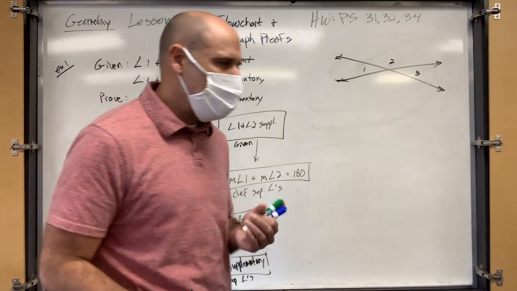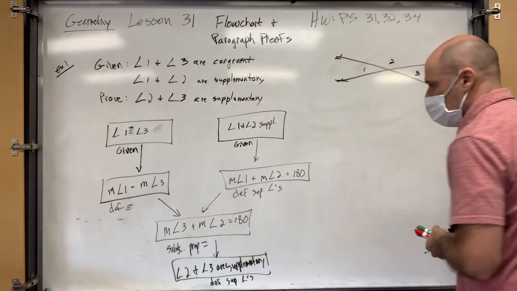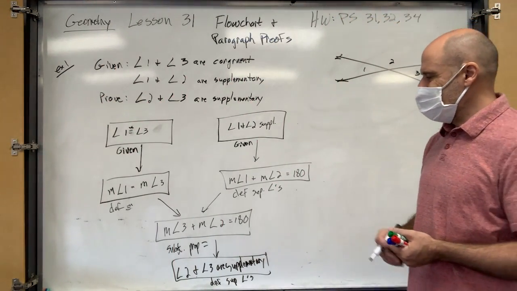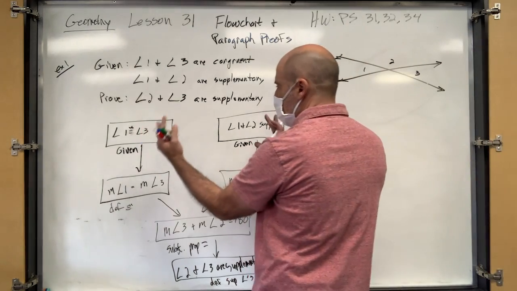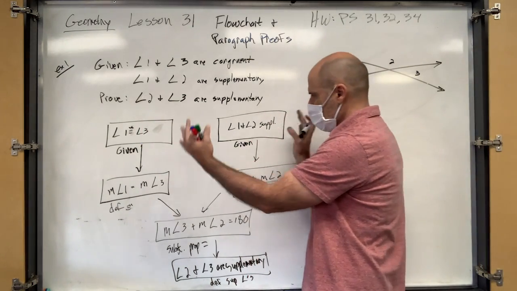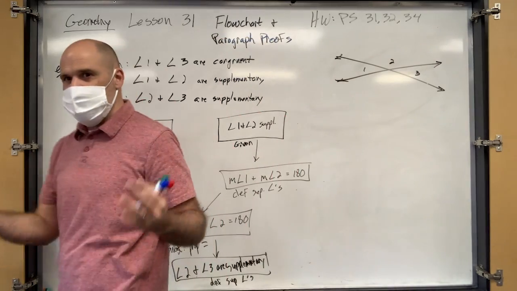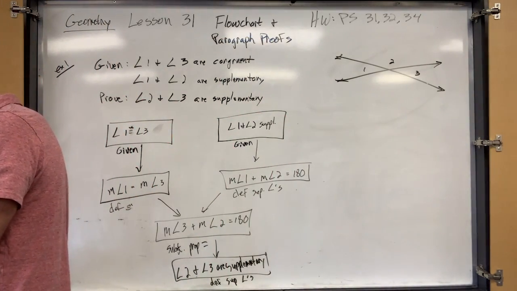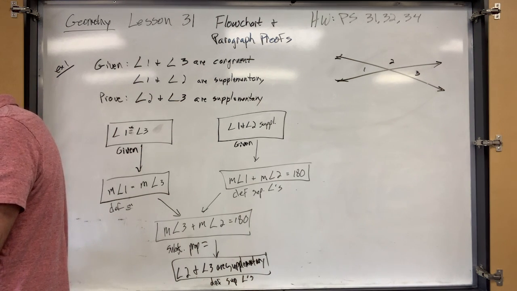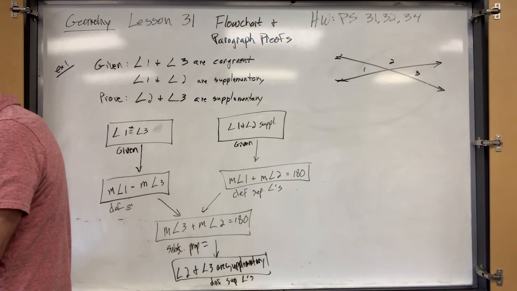I mean, you could write this in a 2-column proof the same kind of way, but this kind of keeps the two different givens a little separate here. So you can work with those two separate givens and then they come together. But still, I think it's a little more complicated than it needs to be.